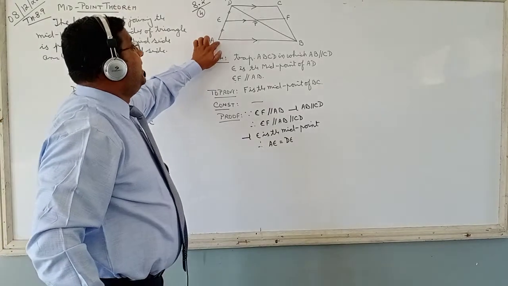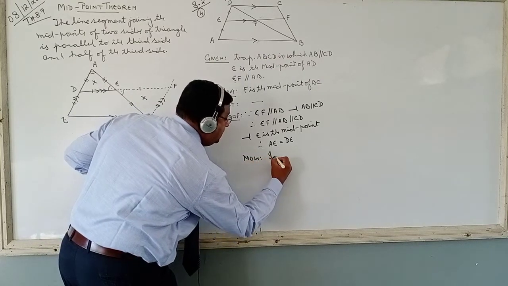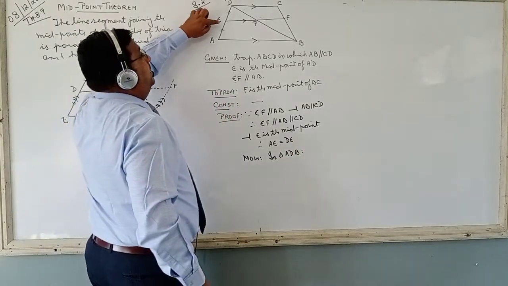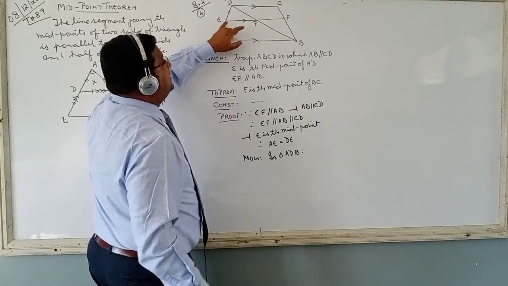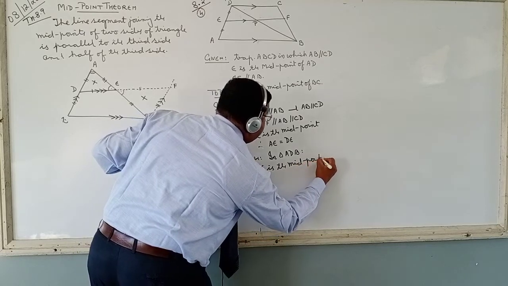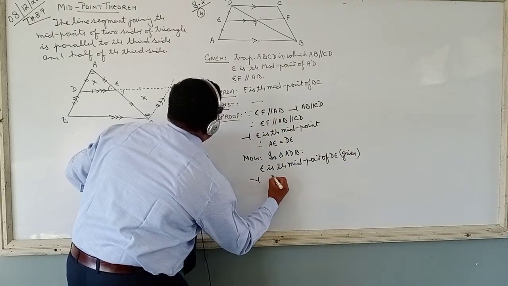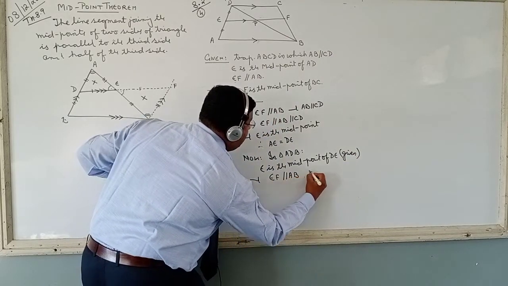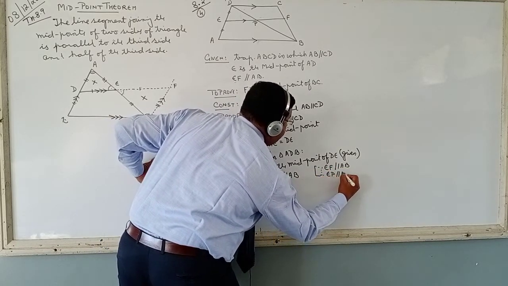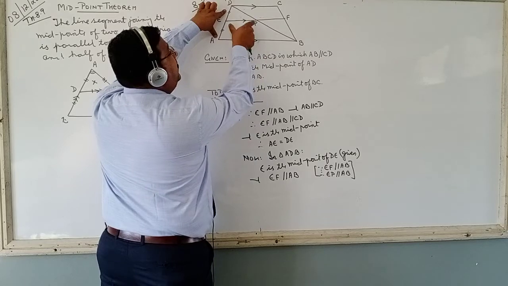In triangle ADB, E is the midpoint of AD, given to us, and EP is parallel to AB because EF is parallel to AB. So EP is also parallel to AB. Why? Because if the complete line is parallel, the part of the line will also be parallel.